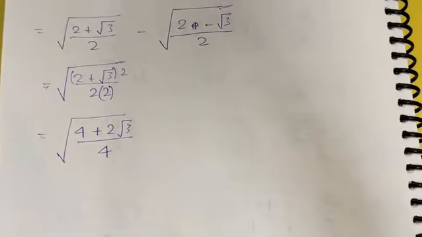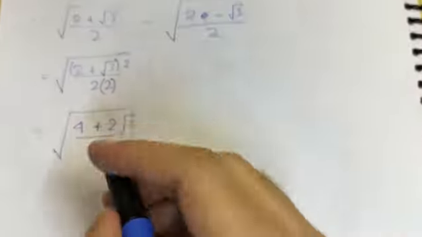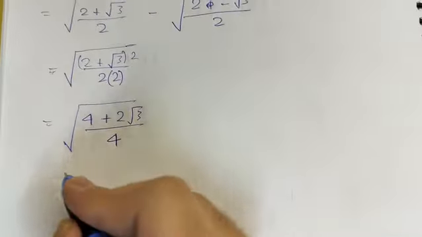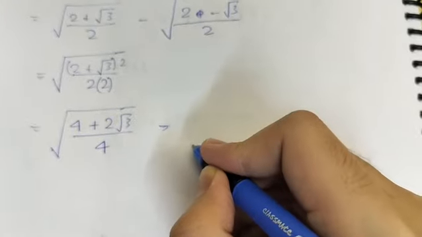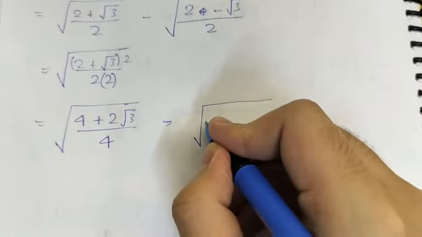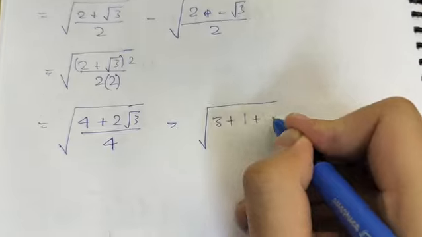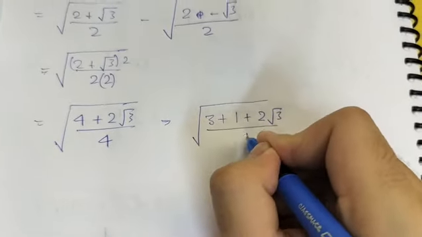Now we can see that this 4 can be broken down into 3 plus 1, plus 2 root 3 upon 4.